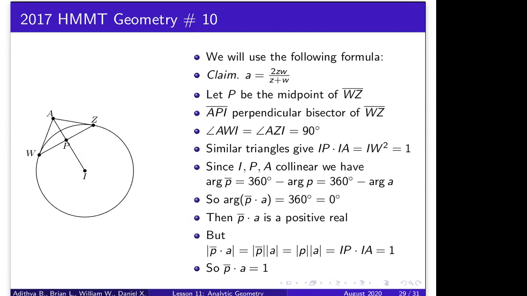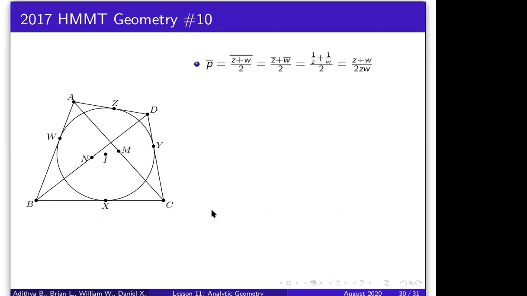So now we can write that A should be the reciprocal of P bar. But the conjugate satisfies some nice properties. So we know that P is the average of W and Z. It's the midpoint of WZ. So P is going to be (W plus Z) over 2. Now when we take P bar, it's going to be the conjugate of (Z plus W) over 2.